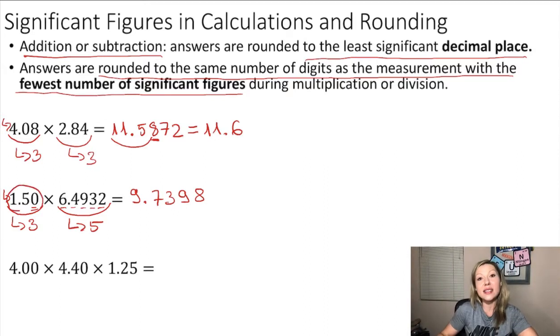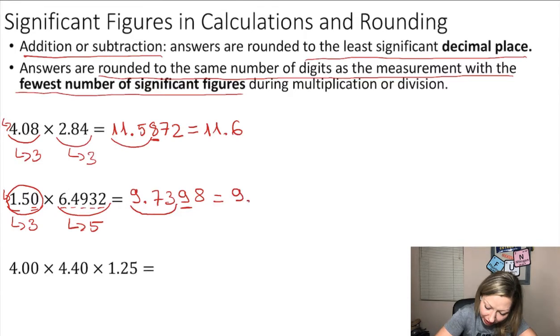It only has 3 significant figures, so I have to round my answer to 3 sig figs also. My fourth significant figure would be a 9, so again, I have to give my answer rounded up as 9.74.